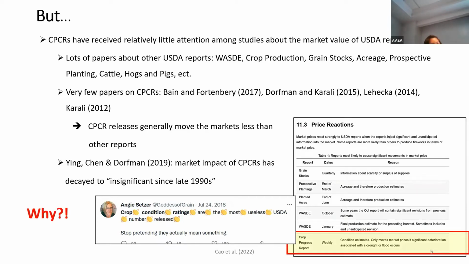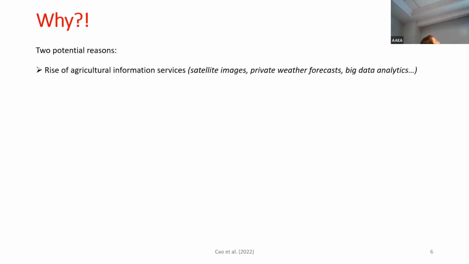So why is there this contradiction between the media and what we found in the literature? There are two potential reasons. The first one is agricultural information services. Nowadays, with a lot of satellite images, private weather forecasts, and big data analysis, every PhD student in our field is learning something about machine learning.